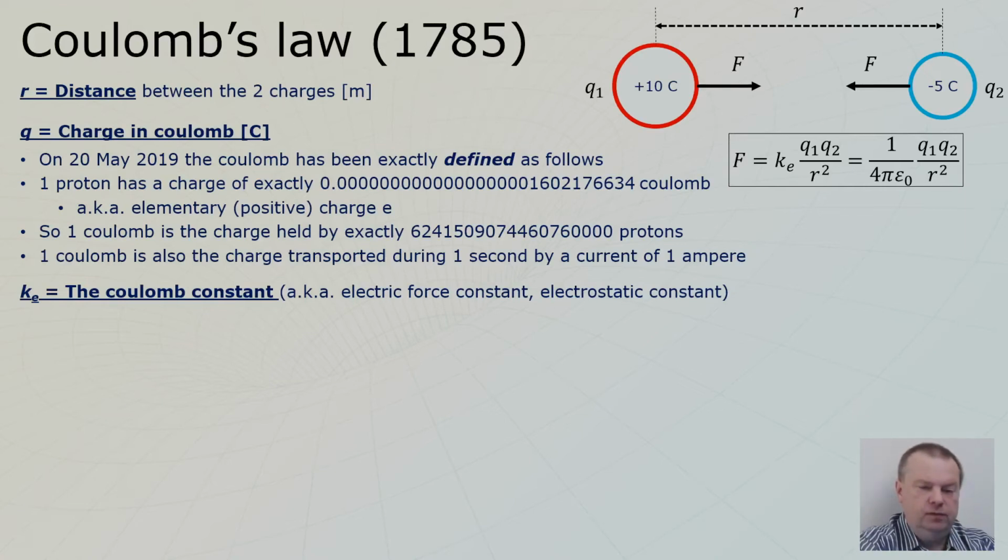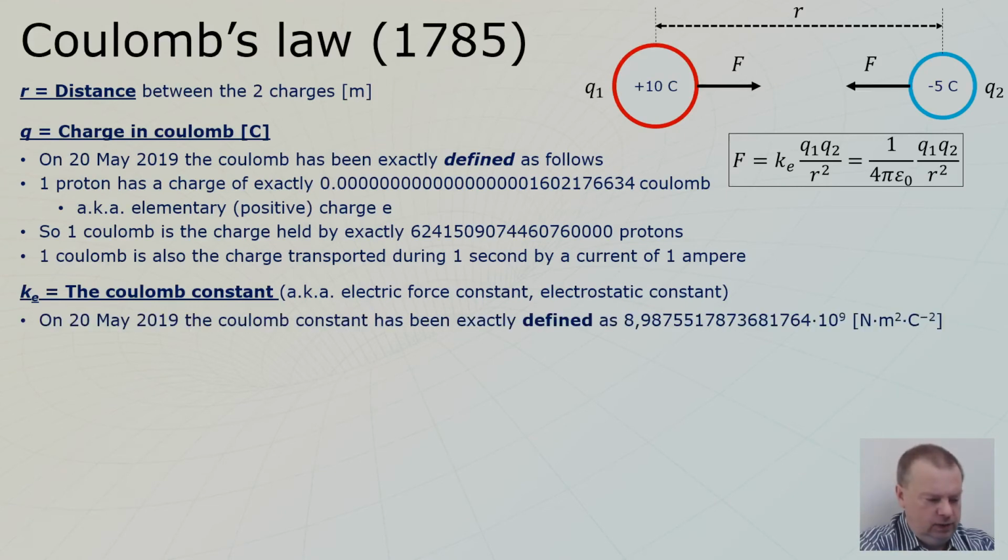And in this case, force has a unit of Newton, the greatest of all. Q has the unit of measurement Coulomb. R, the distance, has the unit of measurement meter. And then you need some constant, and it's called the Coulomb constant, to make the numbers work. And yes, they defined this constant because they defined the Coulomb in the equation.